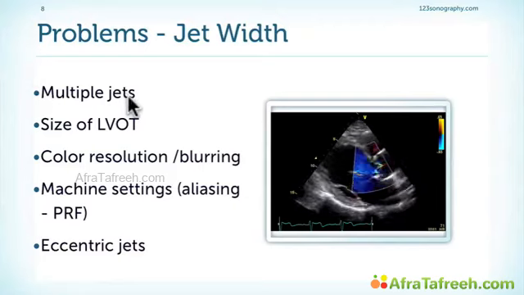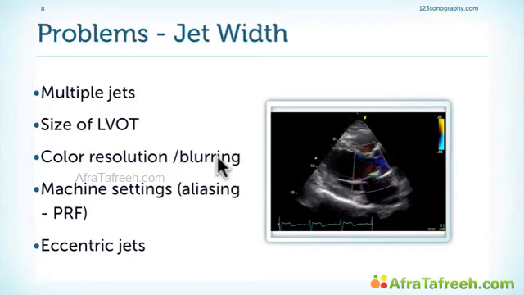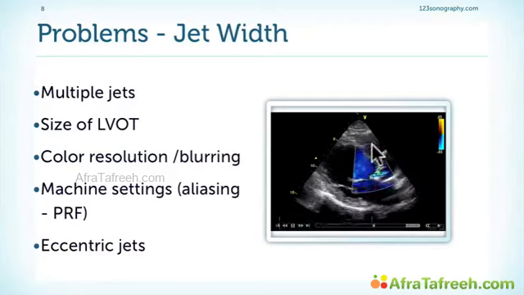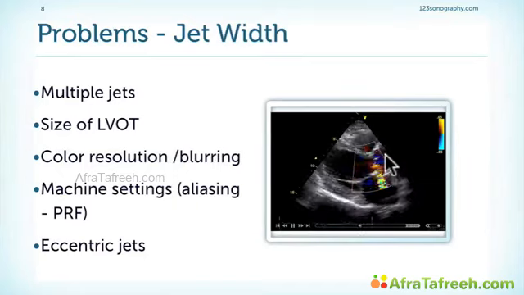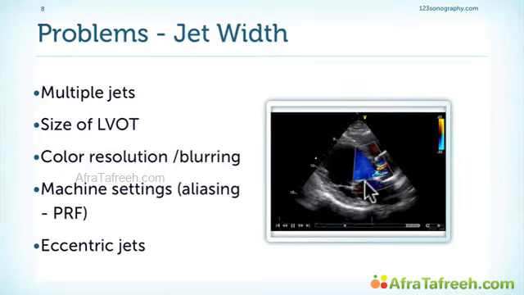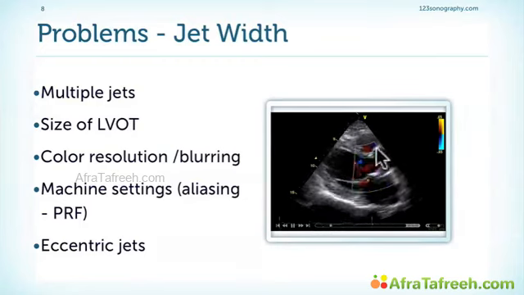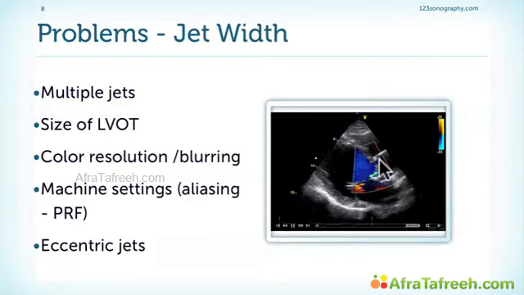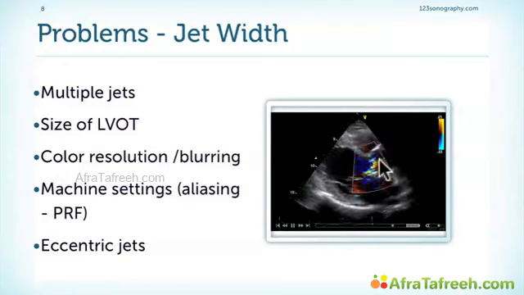First of all, what do you do with multiple jets? Second, it also depends on the width of the LVOT. It also depends on the resolution of the color, especially if you have poor image quality, and if you have blurring of the color, this can be quite difficult to perform at times.